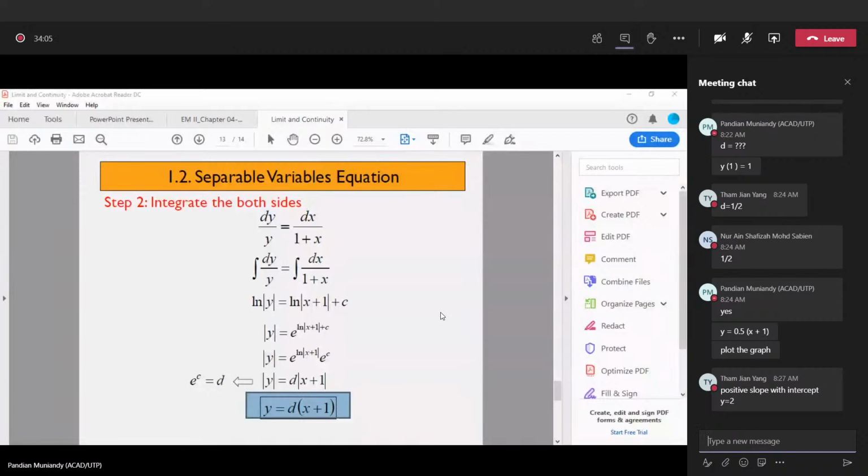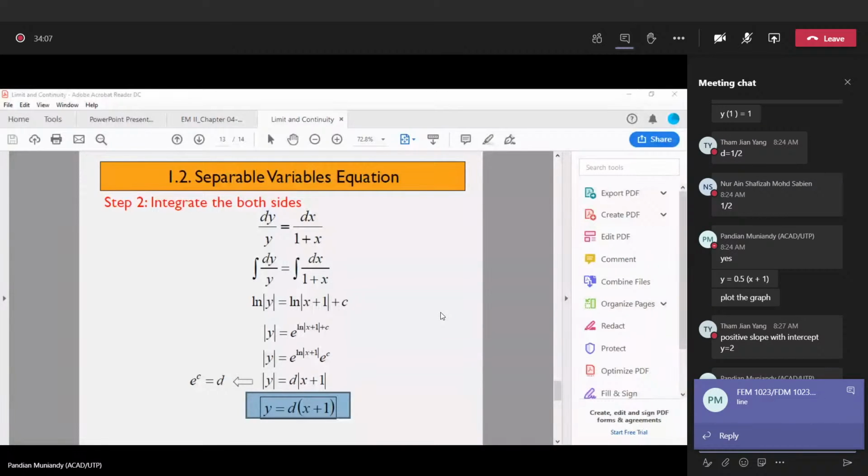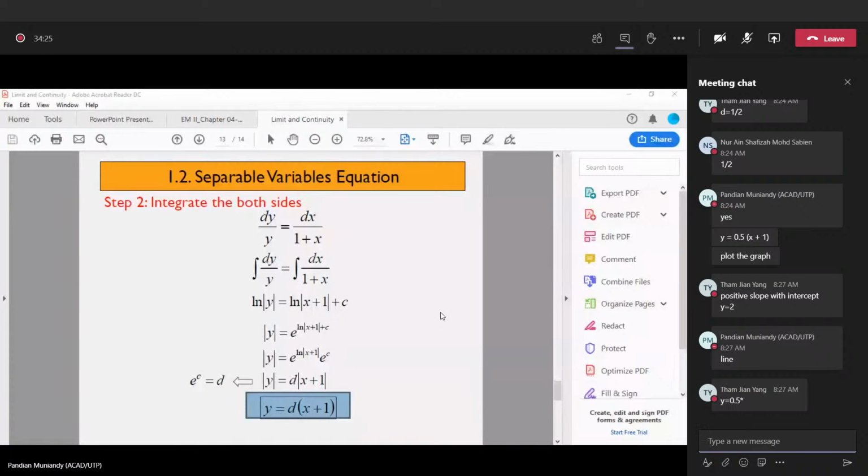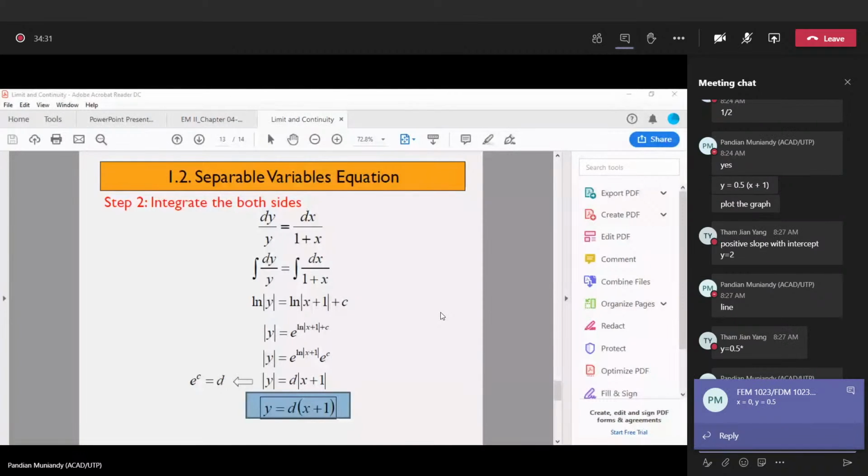Straight line. Yeah. Y equals to 0.5 when x is 0. You draw now, 0.5, half. When x is 0, y is 0.5.